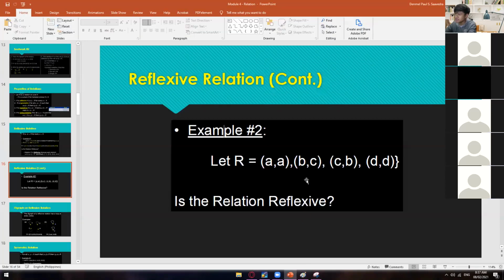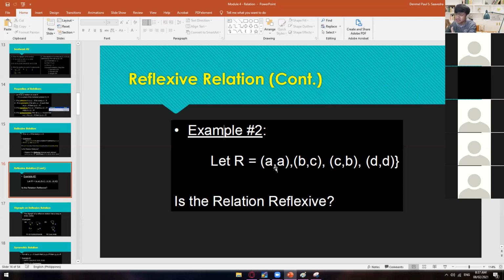But how about this example? Is this reflexive or no? Sir, I actually thought that so far some of the elements are reflexive. No. When we say reflexive, all of the elements should reflect themselves. It's not enough that there is only one element that reflects itself.